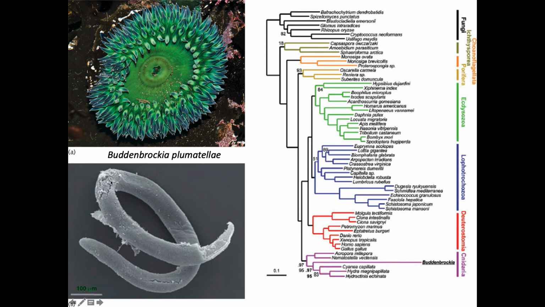So the phenotype that the organism has is very different from where the genotype would place it. It doesn't place it up with all the worms in this area, different parts of the tree, right? It's actually way down here in Cnidaria.